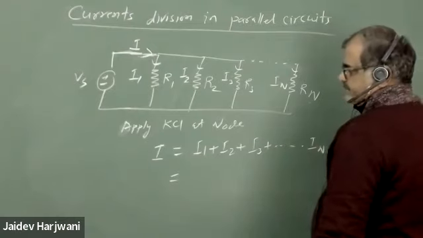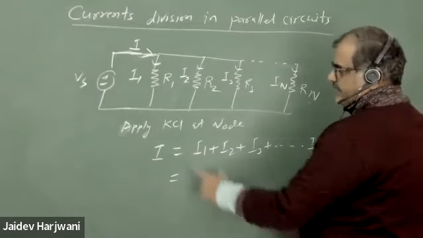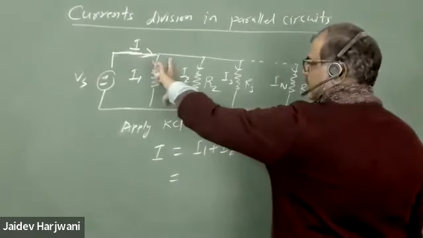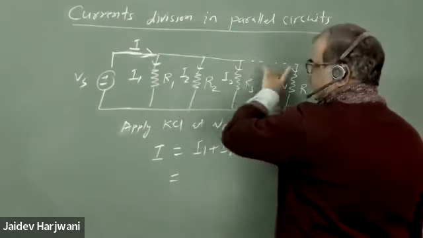V by R. Because these resistors are all in parallel, the voltage drop should be the same.